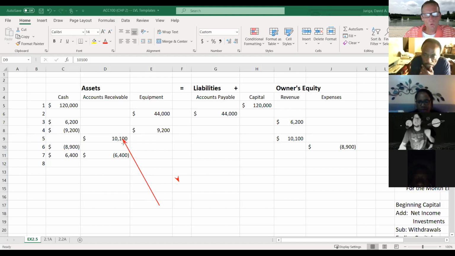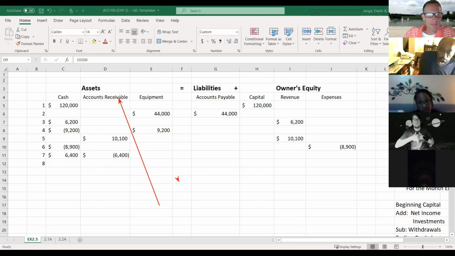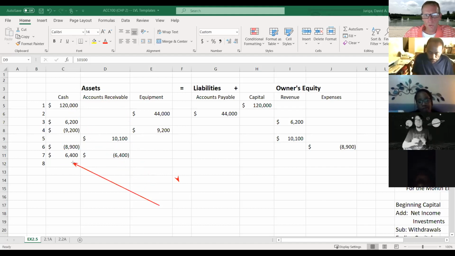But the idea is we want this accounts receivable to become cash. It will become cash when we collect from it. So in number 7, when it says receive cash from your charge customers, we're simply taking some of that receivable and turning it over to cash. So we're going to show a decrease to AR and an increase to cash.